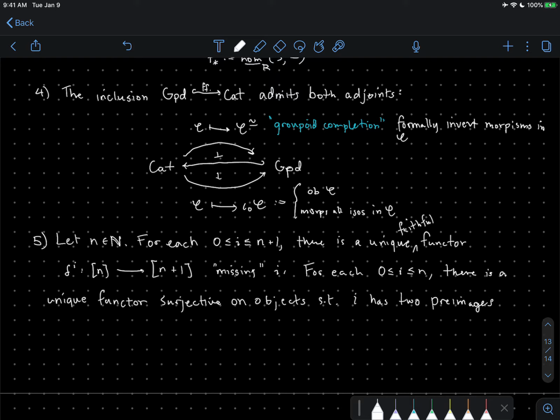And this functor is called s upper i, and it goes from brackets n plus 1 to brackets n.